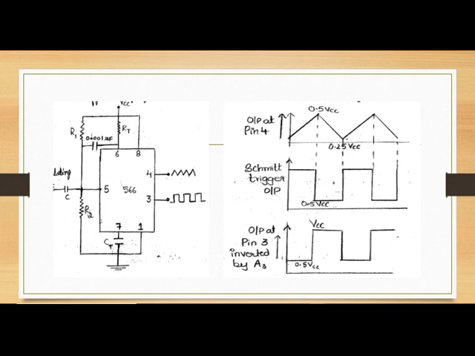At pin number 4 you can see a triangular output and at pin number 3 a square wave output. This square wave output obviously comes from the Schmitt trigger, whereas pin number 4, the triangular output, comes from the charging and discharging of the timing capacitor CT.